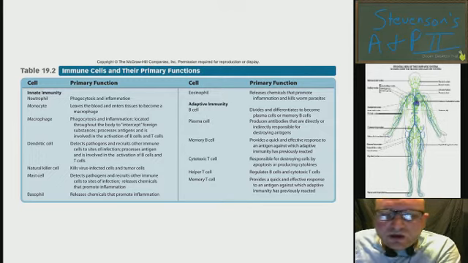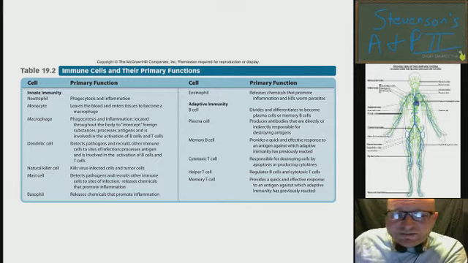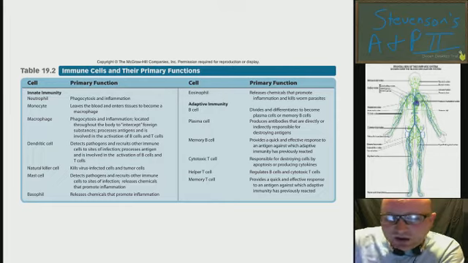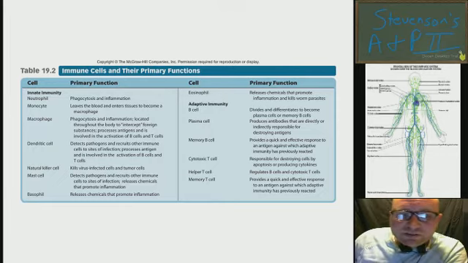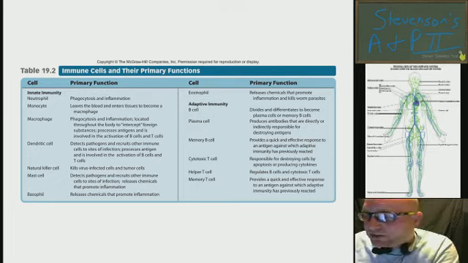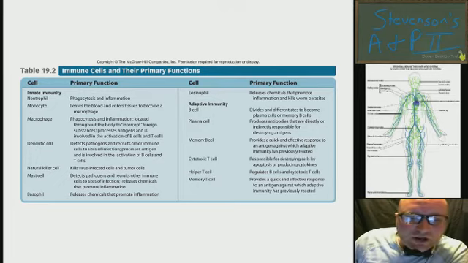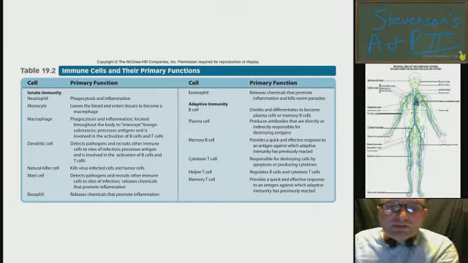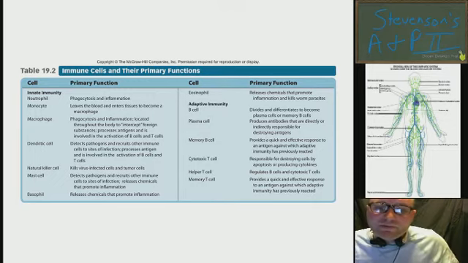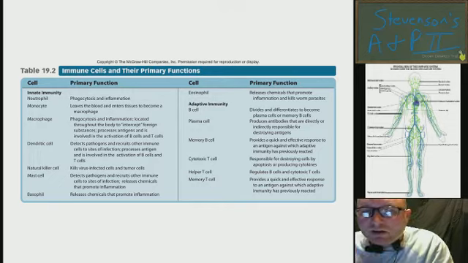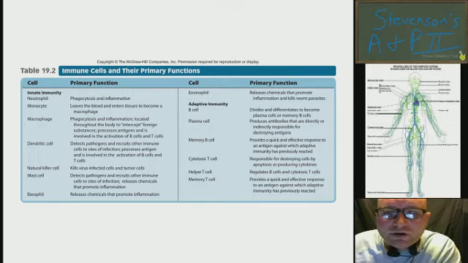And then you go to the adaptive immunity, those that are specific. Remember, innate is not specific. Adaptive is specific, and it also has memory over time. You got your B cells, your plasma cells, memory B cells, cytotoxic T cells, your helper Ts, and your memory Ts. Your memory Ts are ones that are going to remember for a longer period of time, or have a specific attack spot over a longer period of time.